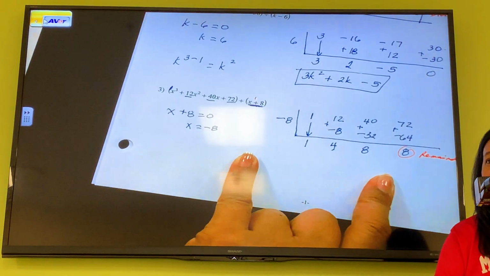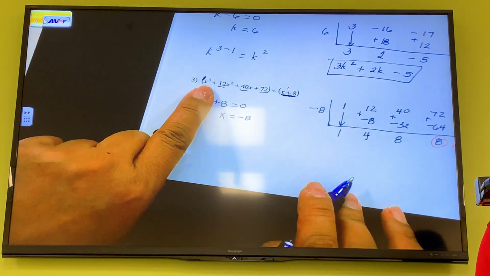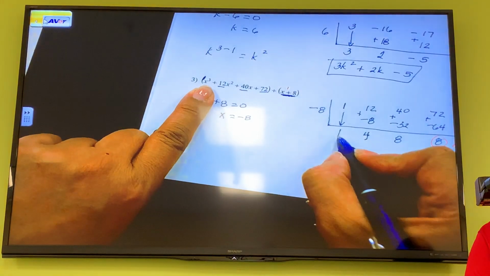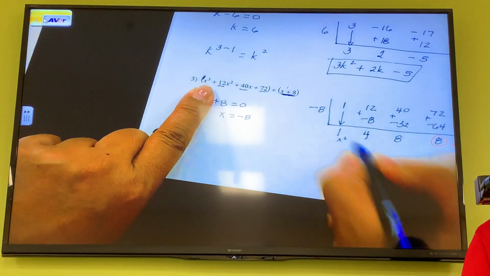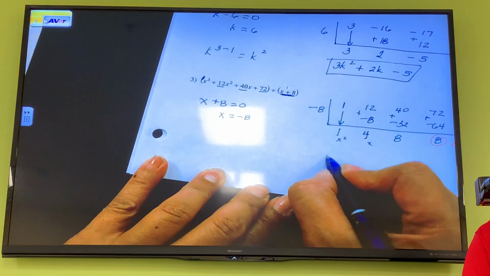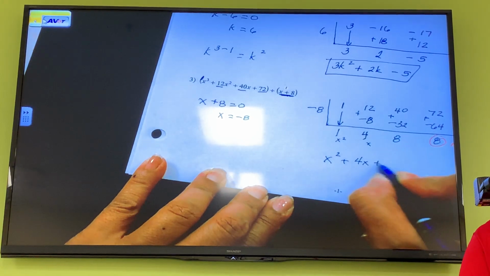Okay, we need to write down our final answer with the correct variables. Again, the highest exponent is third power. So that means the first answer will have x squared in it. The next one will be x, and that will be just the number. So this will be x squared plus 4x plus 8.